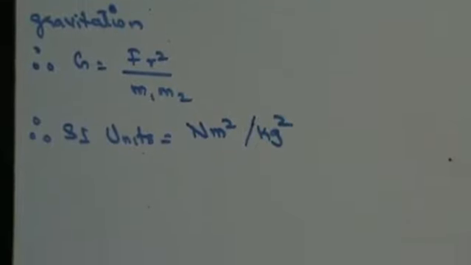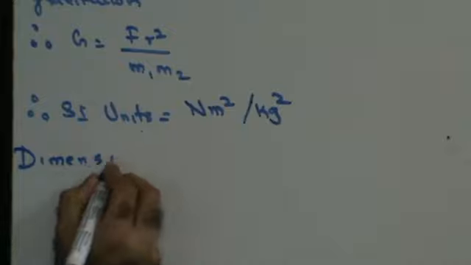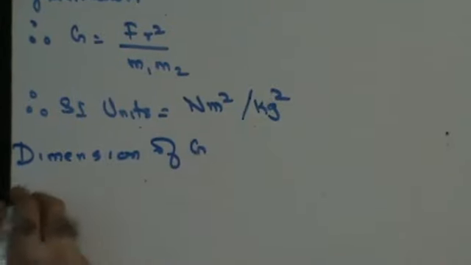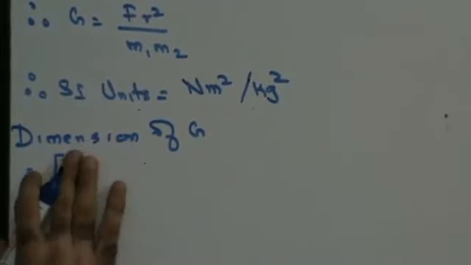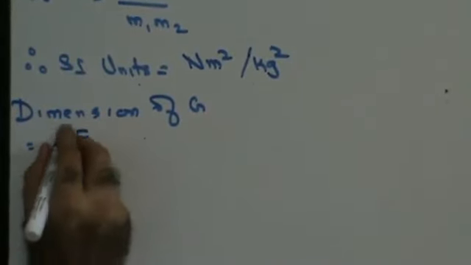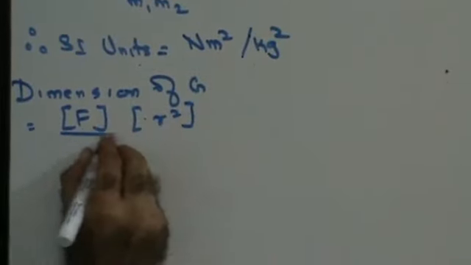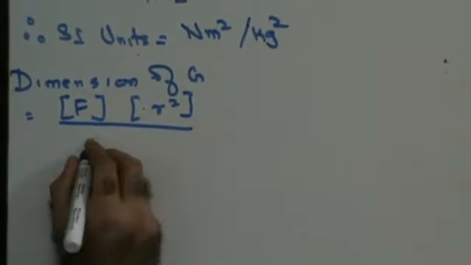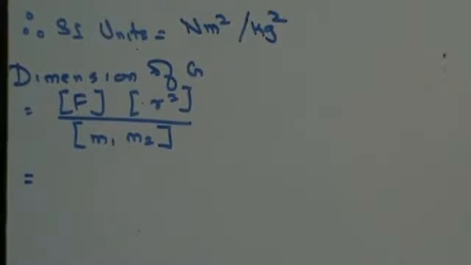Once I have this, then I can also find out the dimensions. The dimensions of G are going to be equal to the dimensions of force times dimensions of radius square upon dimensions of m1 m2. Force is mass into acceleration. Acceleration is displacement upon time square.